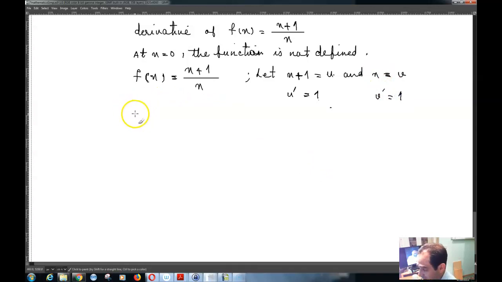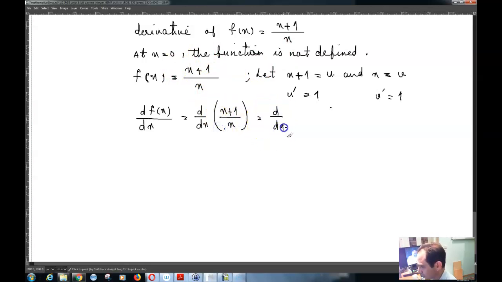So now we said that d by dx of f of x is equal to d by dx of this function x plus 1 divided by x, which is equal to d by dx of u divided by v, as we substituted here.